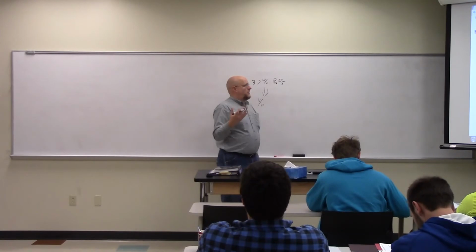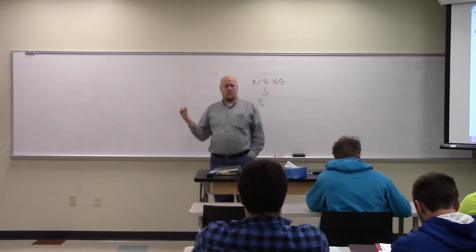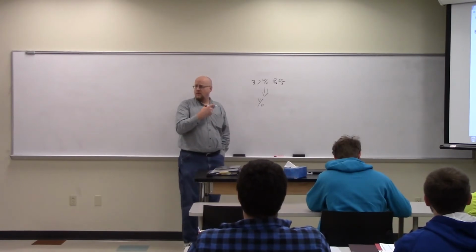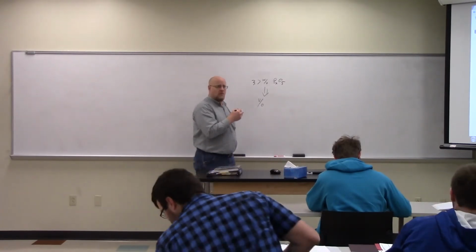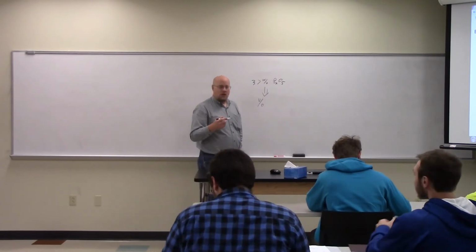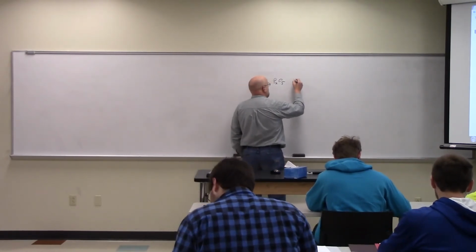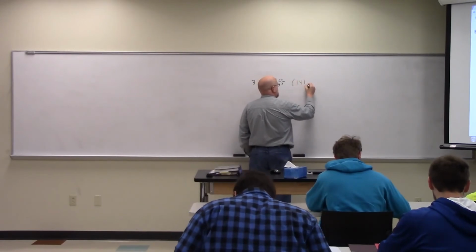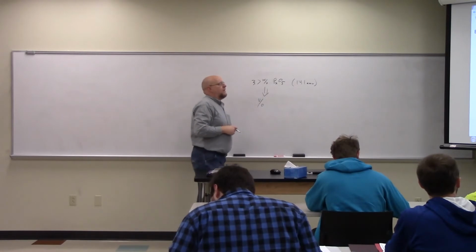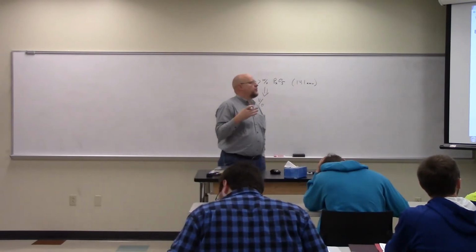I don't have the numbers off the top of my head. Anybody remember the molecular weight of P2O5? It's 141, I think. Yep. What about the lithium, aluminum, silicon glass?